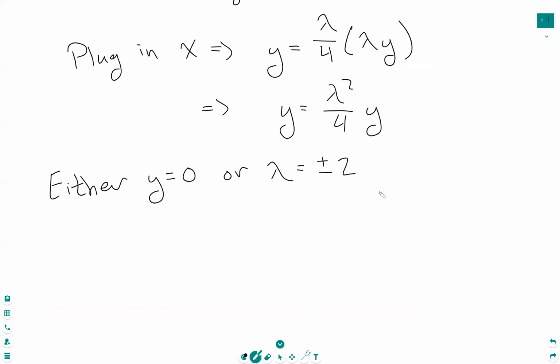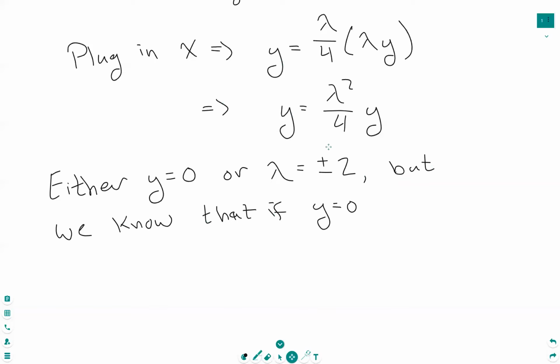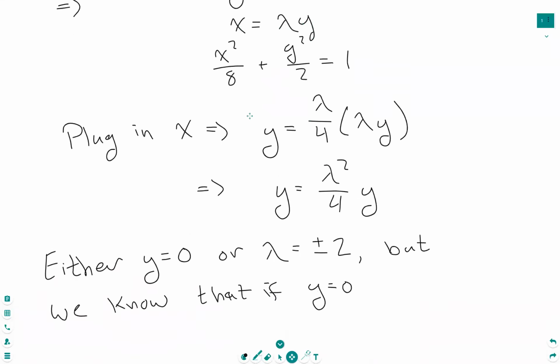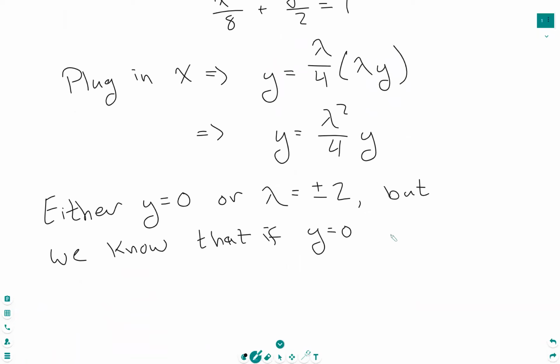Okay. So can we rule any of these out? We know that if y is equal to 0, we can look back at our second expression, and we definitely know that x is equal to 0.